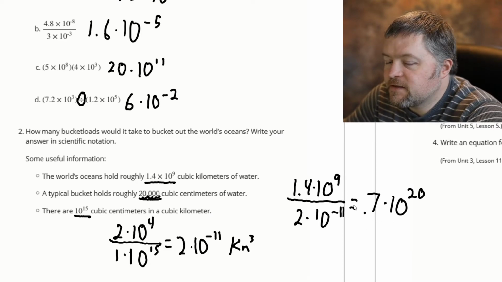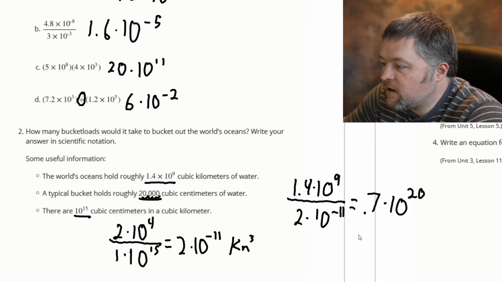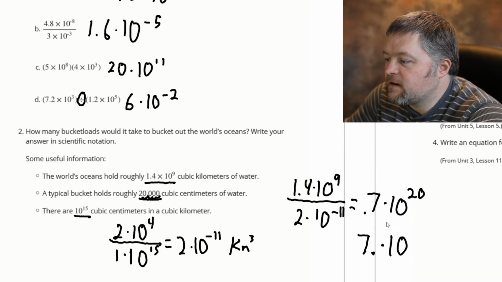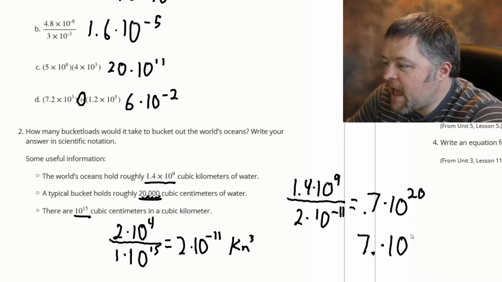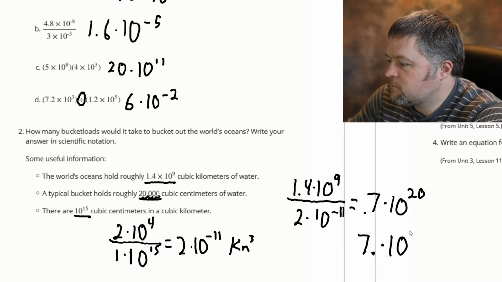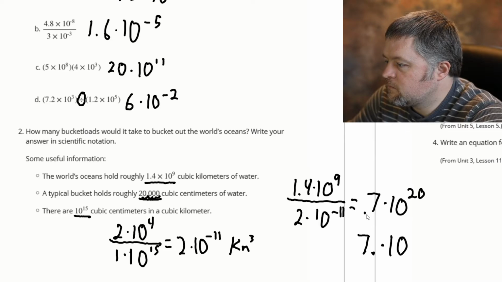Now, this is not in proper scientific notation. We don't have one digit in front of the decimal point. We want one digit in front of the decimal point. If we're making that number bigger, we have to subtract 1 from the exponent.